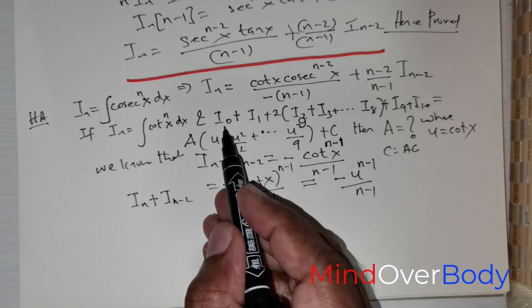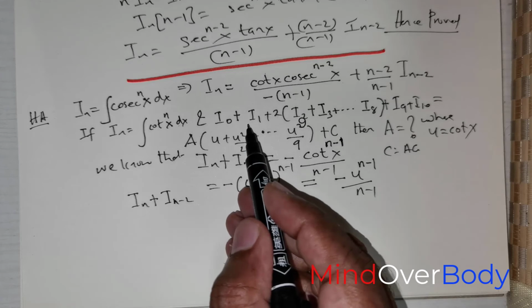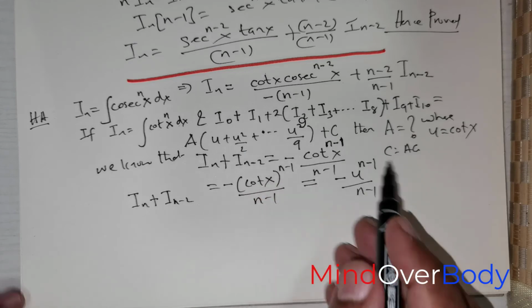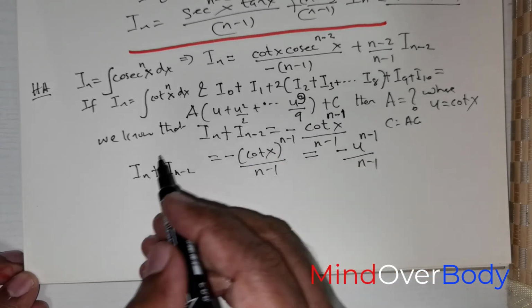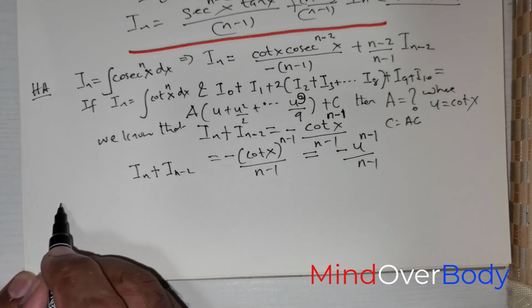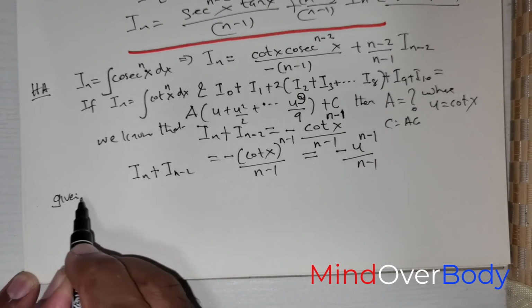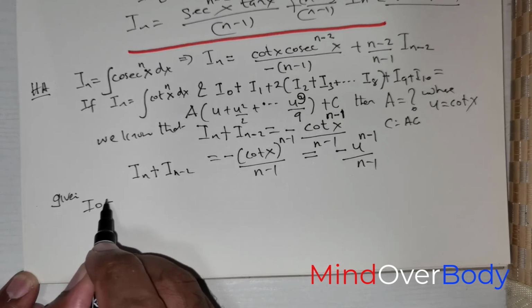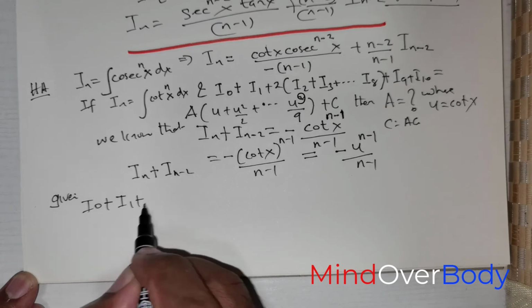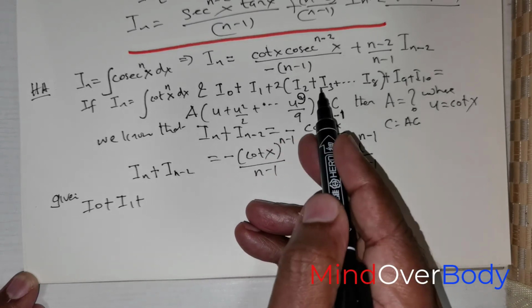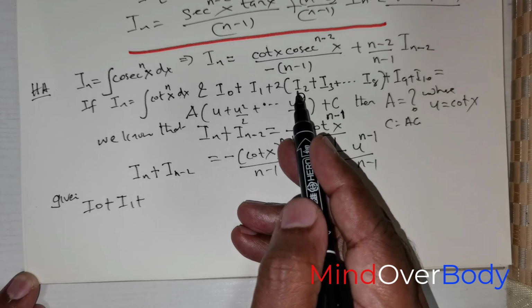Now we are given I_0 + I_1 + 2 times I_2 and so on. Let me write that down. So given I_0 + I_1 + 2 times I_2, the meaning is I_2 occurs twice.